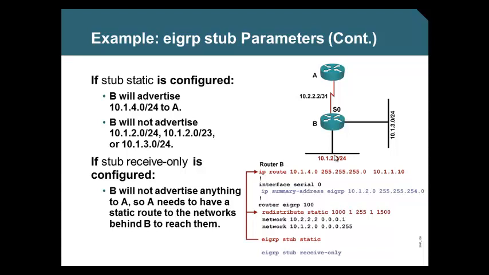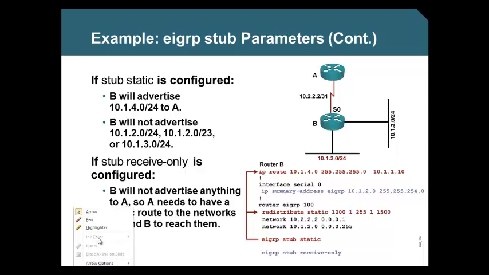When we configure EIGRP stub static, will there be advertisement about 10.1.2.0/24 and 10.1.3.0/24 from router B? Definitely not. Why? We are saying this router is a stub router except for the static route which is advertised into EIGRP. See, a static route is advertised into EIGRP using what?